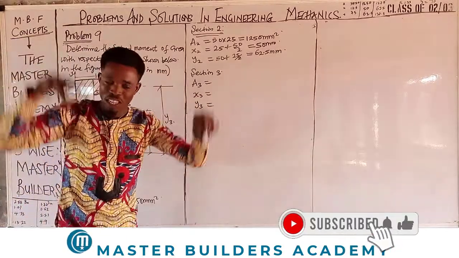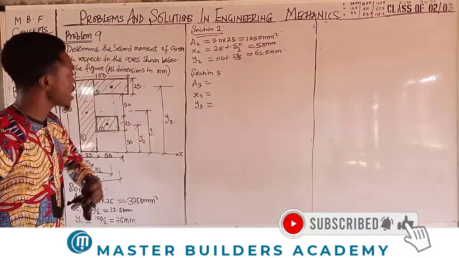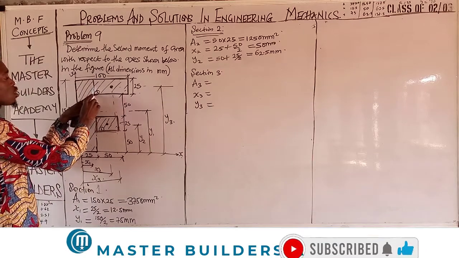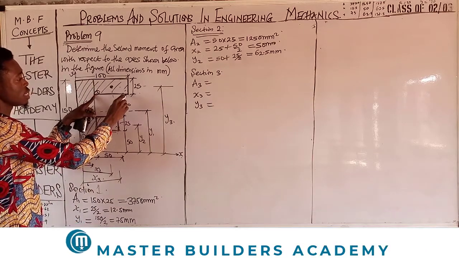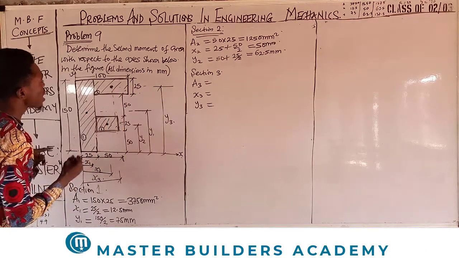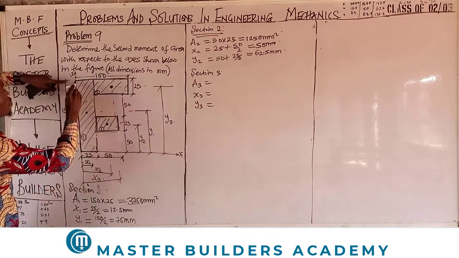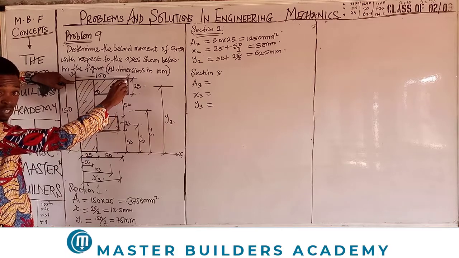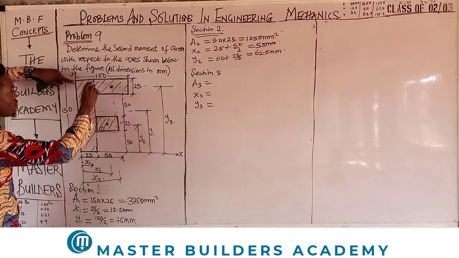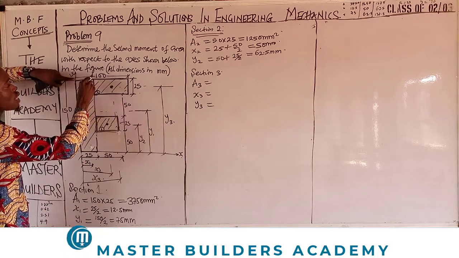Now we'll come to section 3. The area of section 3 is length by this. But the length of section 3 is not directly known, so how do we calculate it? Remember, from this end to this end is 100. But from here to here is 25.